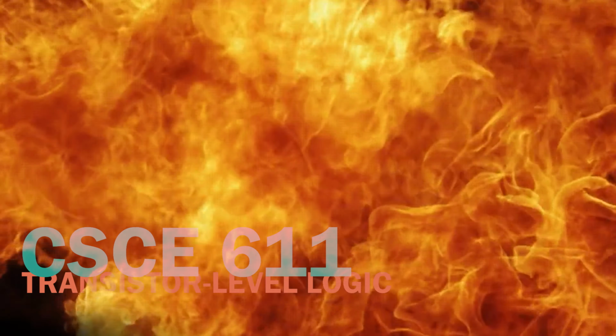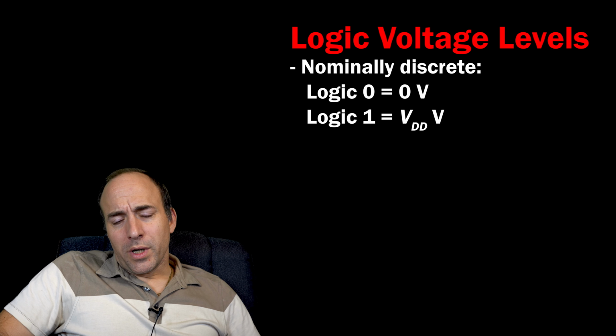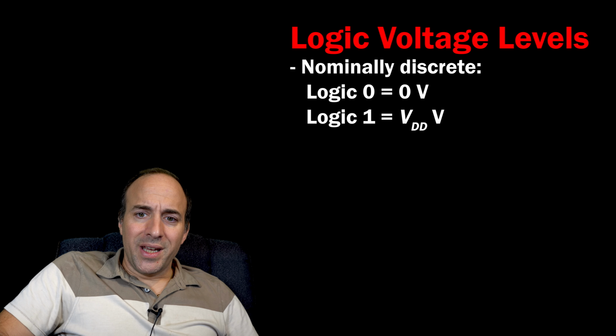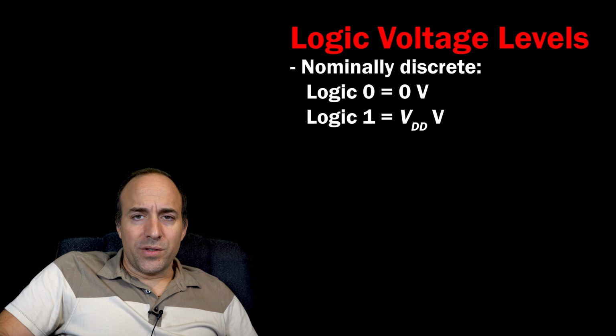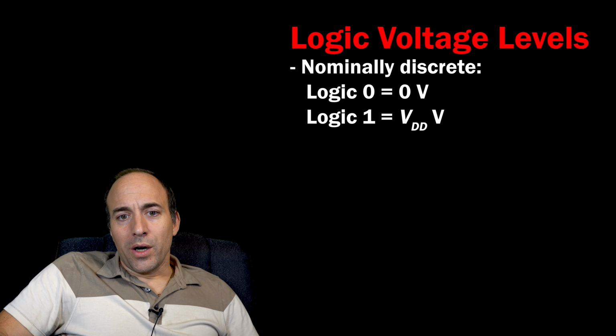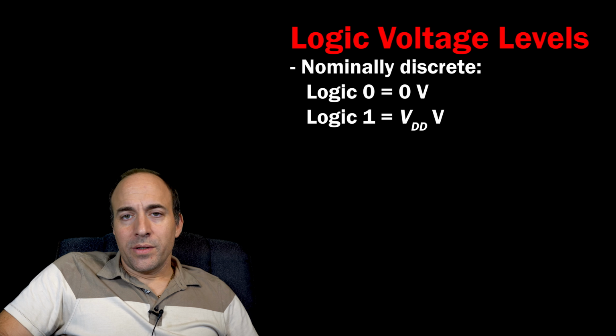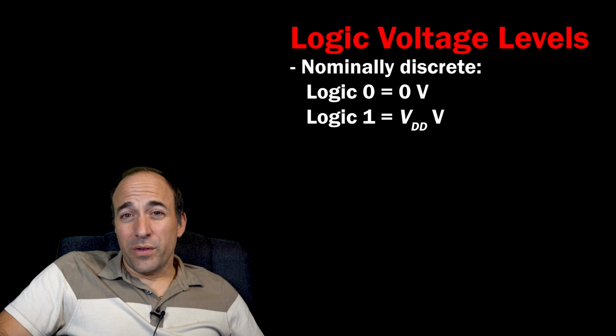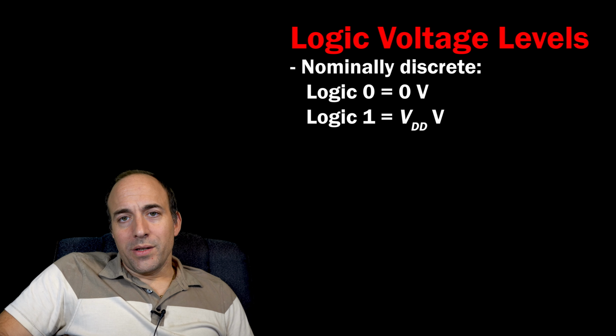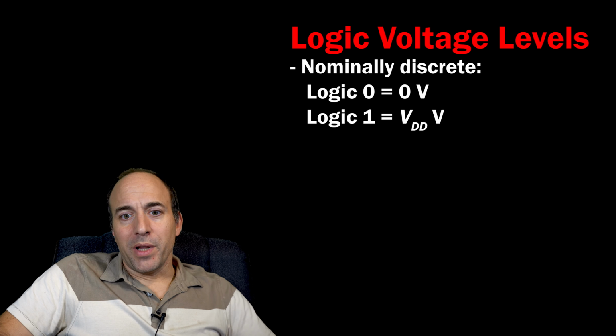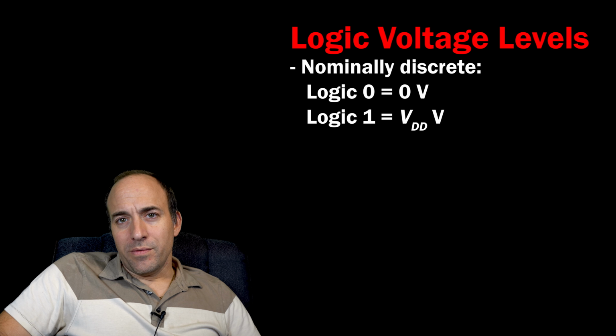In this, our last lecture of the semester, I'll cover fundamentals of transistor-level logic. You probably remember from CSCE 211 that digital signals are conveyed as discrete voltage levels, where a zero binary value is typically associated with ground voltage or 0 volts, and 1 is associated with the power supply voltage, usually referred to as VDD.